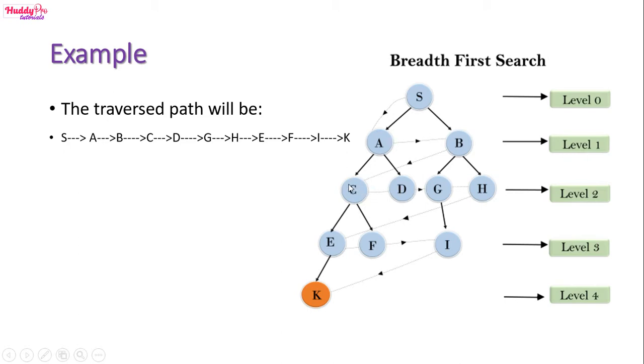So it will have to traverse through all these nodes, so from C to D to G to H. After finishing all the nodes on that level, that is the breadth now, then it will continue to the next level 3 to node E, then F, I, and then finally K. So that's how we traverse a tree using the breadth first search algorithm.